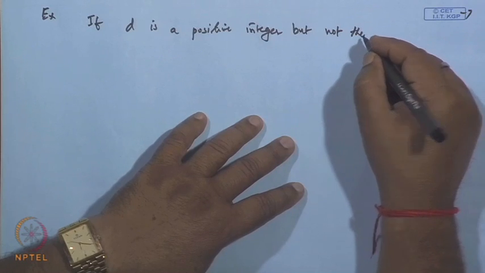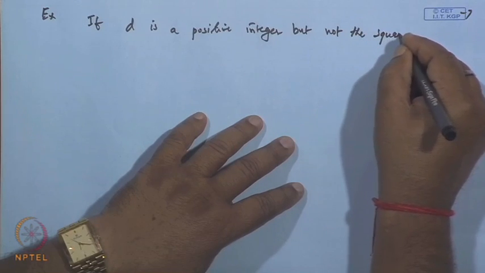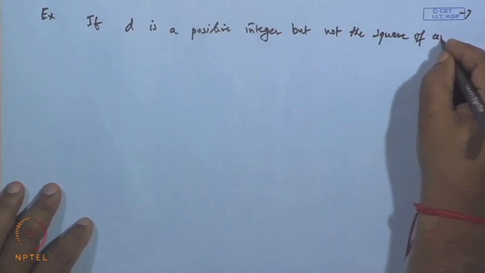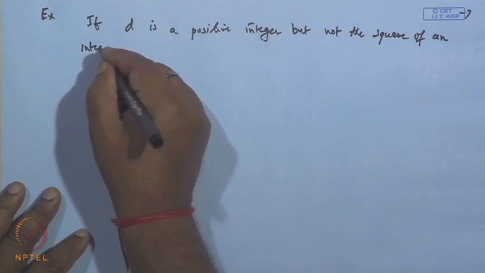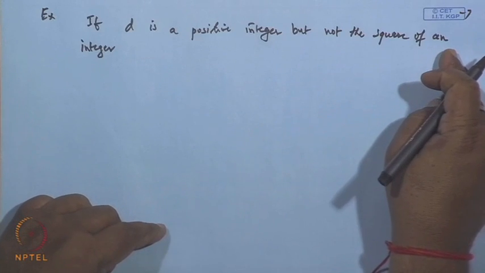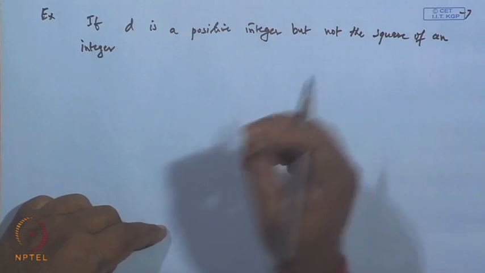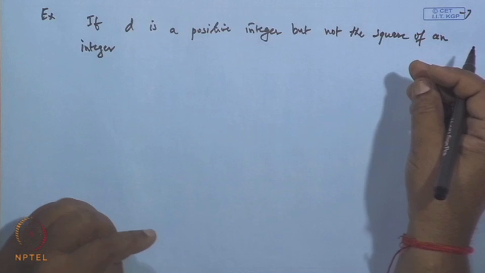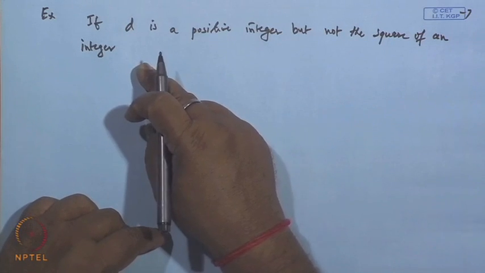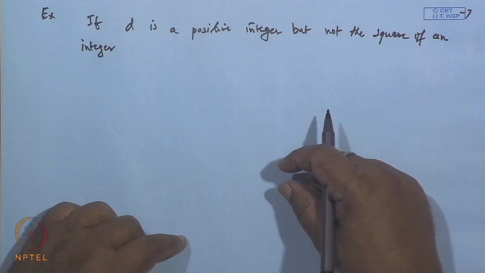This means that the square root of d is not an integer, so d is not a perfect square, okay?